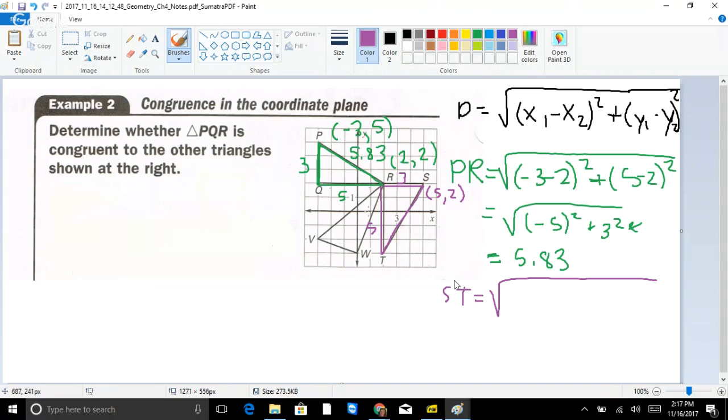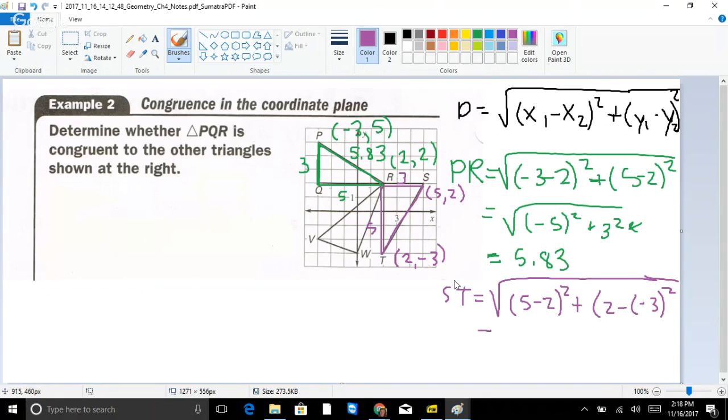And T is at 1, 2, and 2, and then go down -3. So T is at 2, -3. All right, so my change in x is 5 minus 2, squared. And my change in y is 2 minus -3, squared.